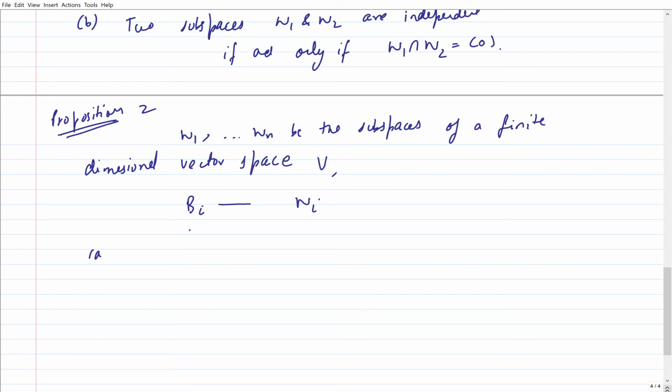The ordered set, remember, means a particular order with no repetitions allowed.